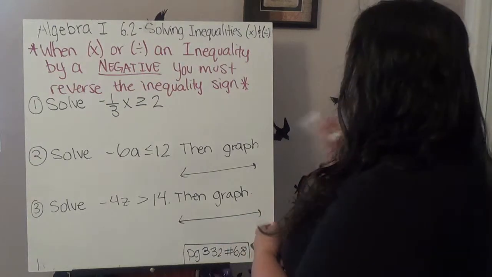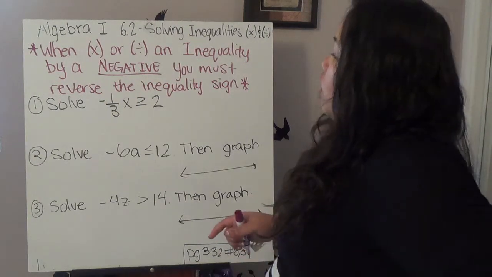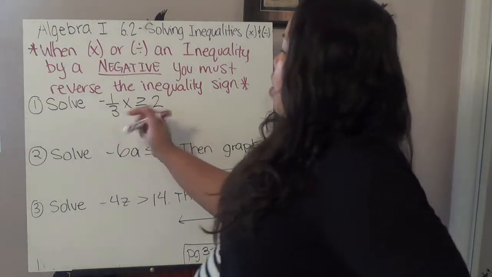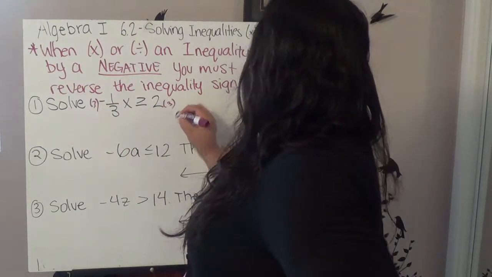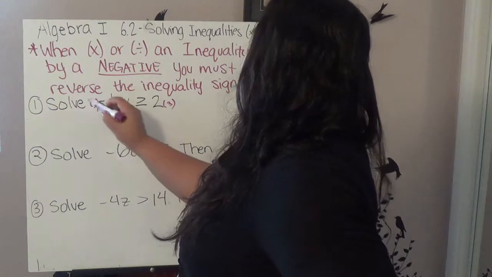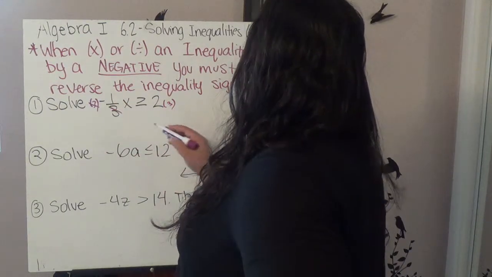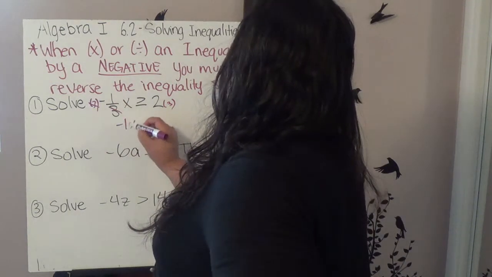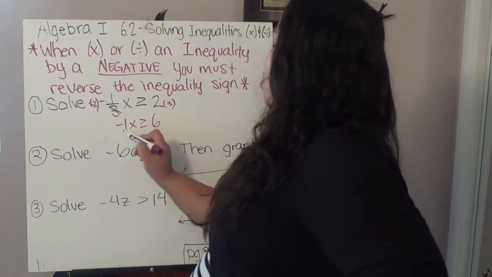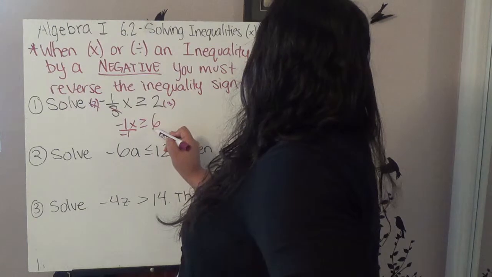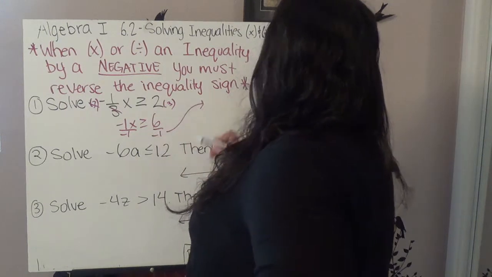and then I just keep going. So let's try and solve. The first thing here is I want to multiply both sides by 3. This cancels out, and I end up with negative 1x is greater than or equal to 6. Then I want to get rid of the negative 1, so I'm going to divide by negative 1, and this is what happens.